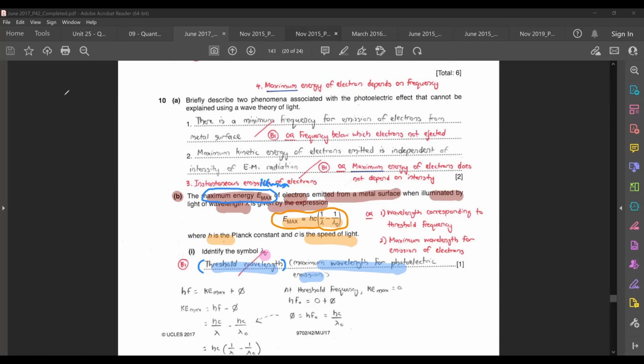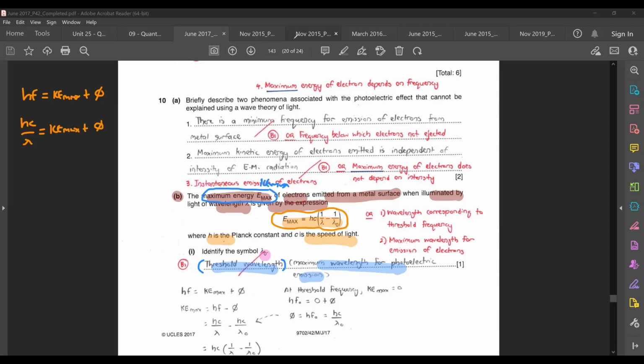It's actually derived from that same equation. If you say that hf equals KE max plus phi, I change it to wavelength form. This one is hc over lambda equals KE max plus phi.